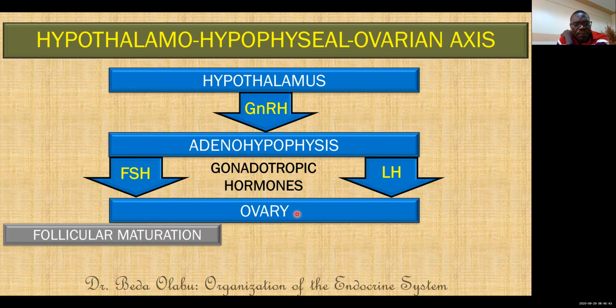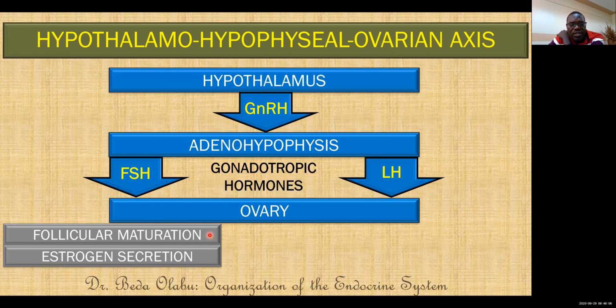Now, see, follicle stimulating hormone acts on the ovary. The aim is to promote maturation of the ovarian follicles. So basically for follicular maturation or follicular development, you can call it folliculogenesis. But FSH also stimulates secretion of estrogen hormone.